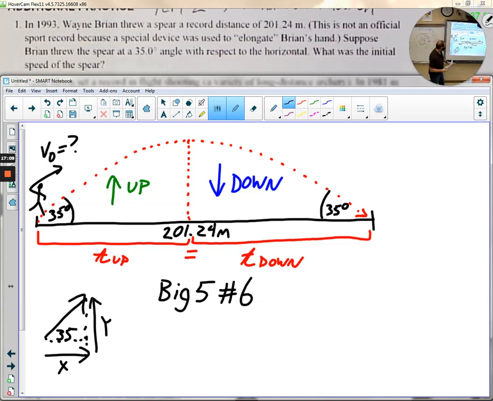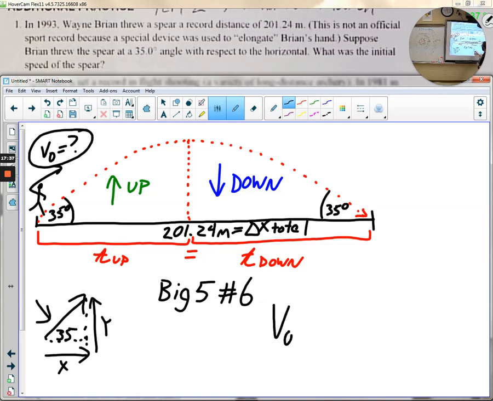Okay. Big 5 number 6, when you've got a situation just like this one, where you are trying to find its original upward velocity, you know the angle, and you also know the total delta x, then you can plug those into this little baby right here.